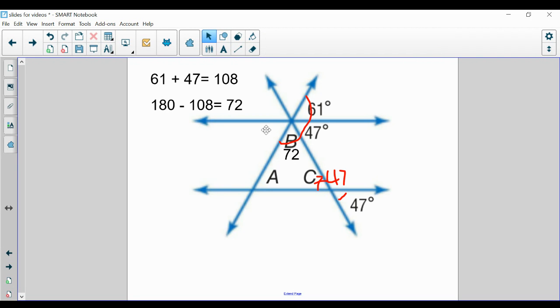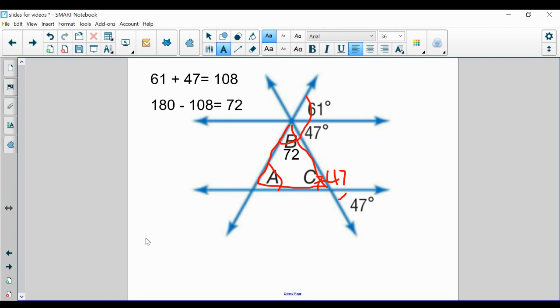So now if I know that B is 72 and C is 47, and I know that all angles in a triangle add up to 180, I can now solve for the missing value of A. And I'm going to go back to my typing tool because it's way easier. So if I take my 72 that I have plus my 47, that's going to equal 119.